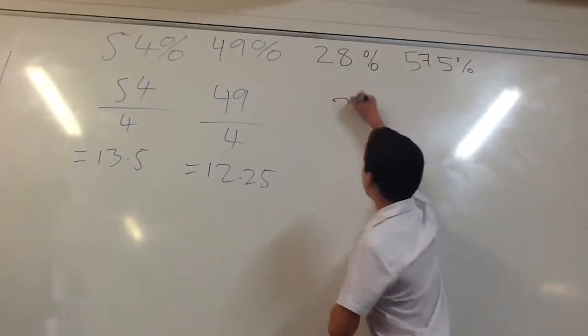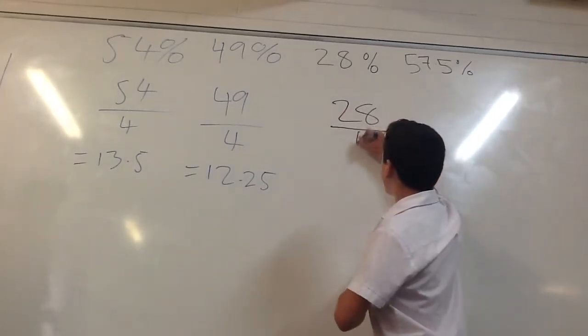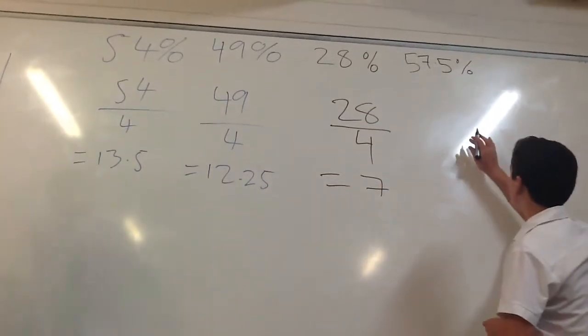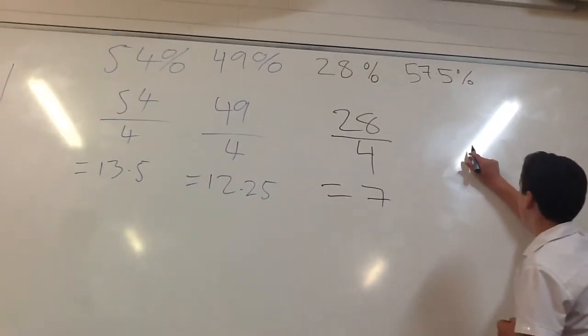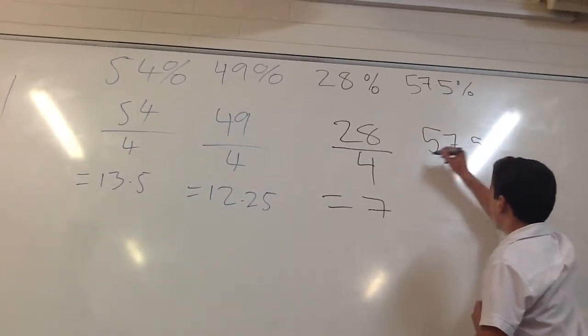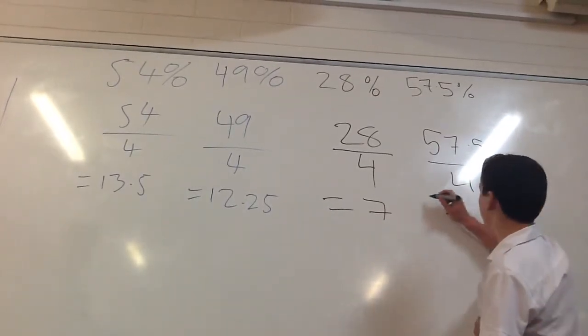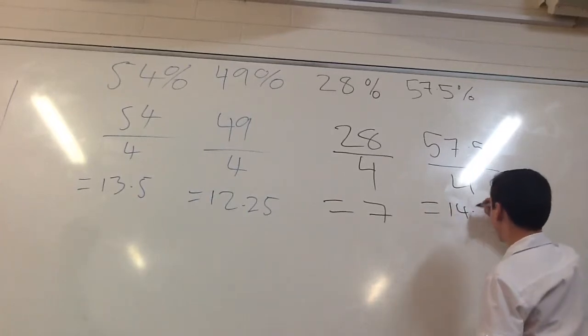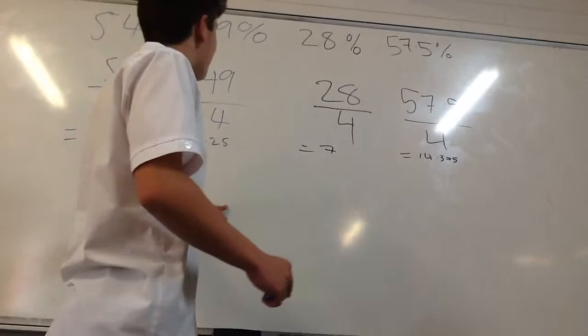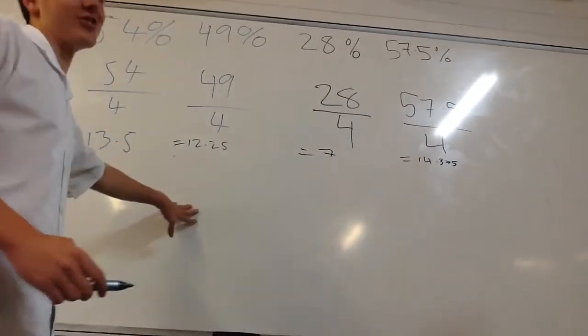It's just 28 over 4, which equals 7. And then for this next one, it's 57.5. So we do that over 4 equals 14.375.